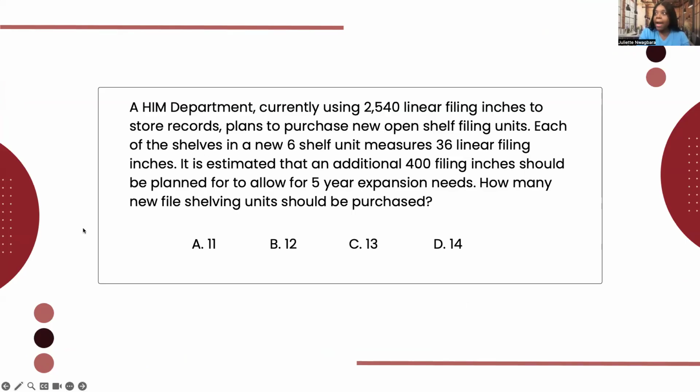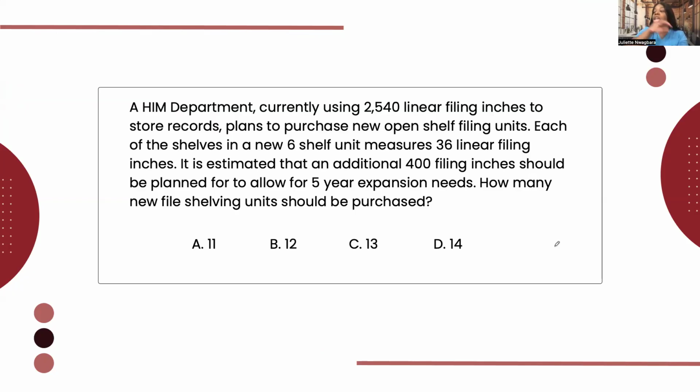Okay. So you have a HIM department that is currently using 2,540 linear filing inches to store records, and plans to purchase a new open shelf filing unit.